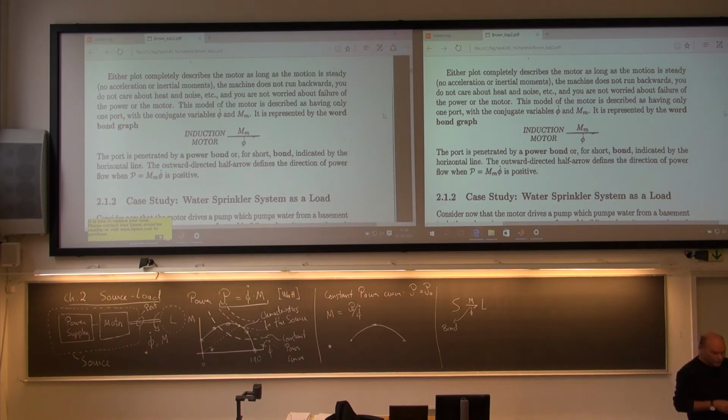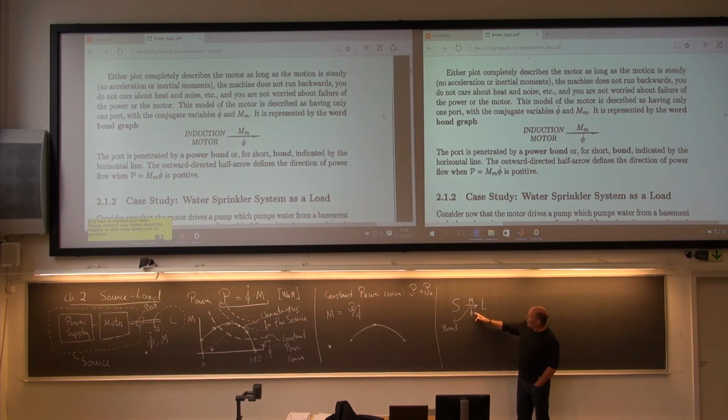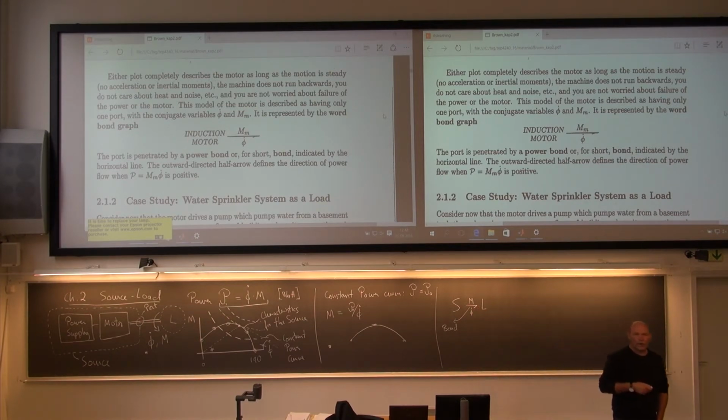So this is something that we are going to do with not only rotational systems, but any system, any combination that will provide power. So the half arrow is a bond, and here is what actually is operating on the bond. The direction for this arrow, that is what we define as a positive direction. The power is flowing from the source into the load.